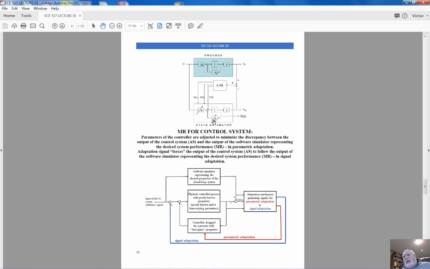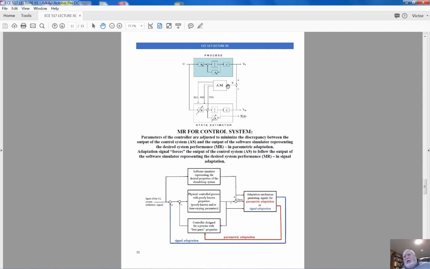However, matrix A and matrix B of the simulator are adjustable. Now, we compare the state of the process with the state of the simulator, or the output of the process in this case with the output of the simulator. We have an adaptation mechanism. We extract the error.